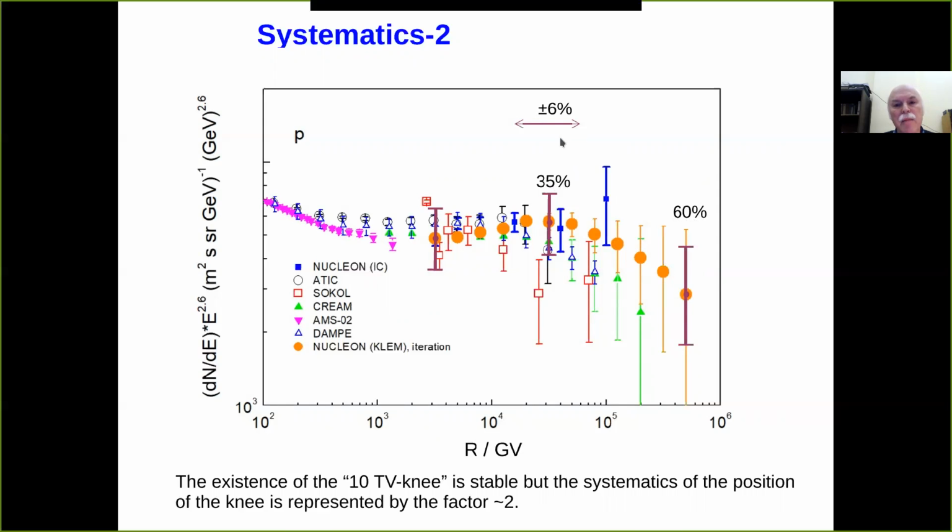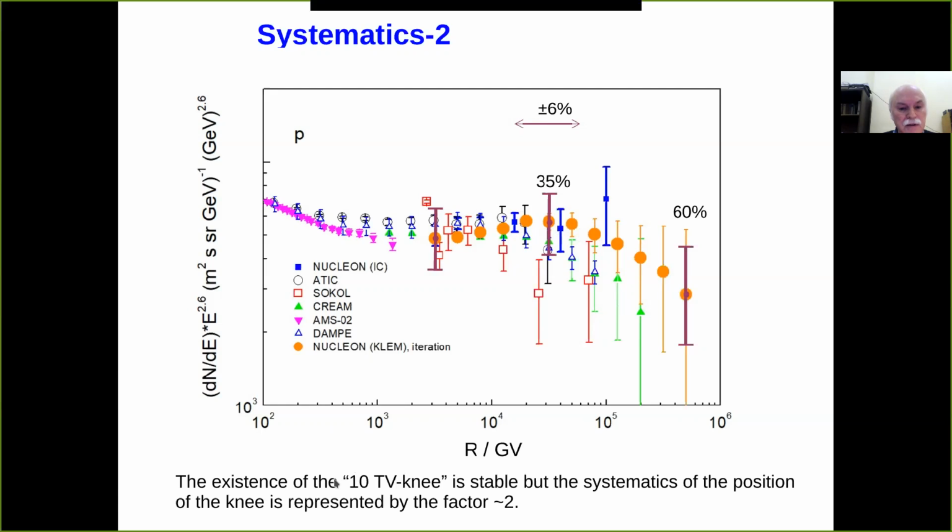Also, there is some uncertainty in the position of the knee related to uncertainties of the simulation systems. The slope of the spectrum at the high-statistics part is rather stable, but the slope at the low-statistics part of the spectrum may change a bit to higher or lower positions.